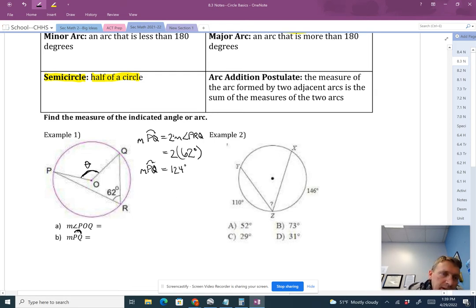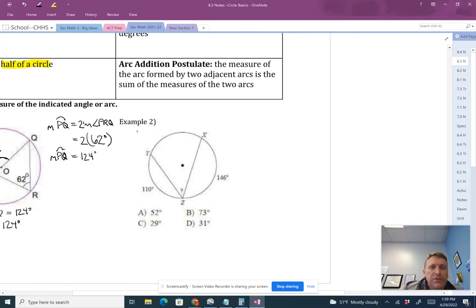But then if we look at the measure of POQ, because this is the central angle, its measure is going to be the same. If it's theta, then it's theta. So we can say this is 124 degrees, and so is this 124 degrees.